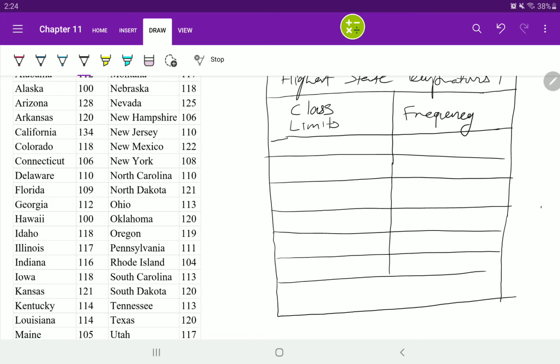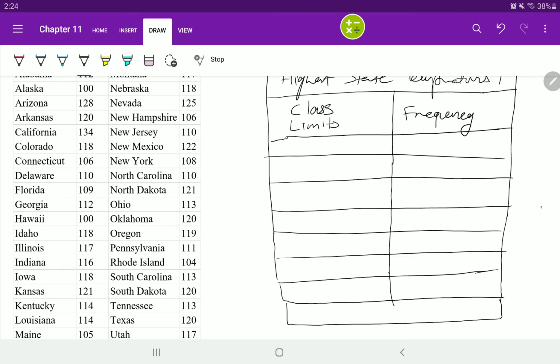I want to make sure I draw this nice. Let's try that again. Okay, 1, 2, 3, 4, 5, 6, 7. And let's put 1 down here for the total. And the total is N. And remember, there are 50 states in total. So when we do everything, it should add up to 50.